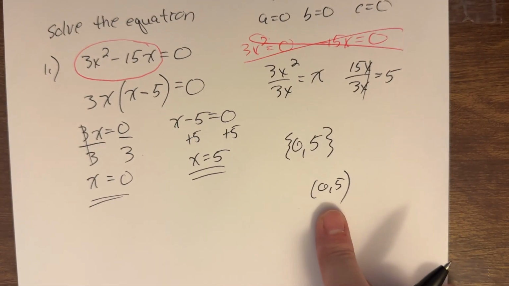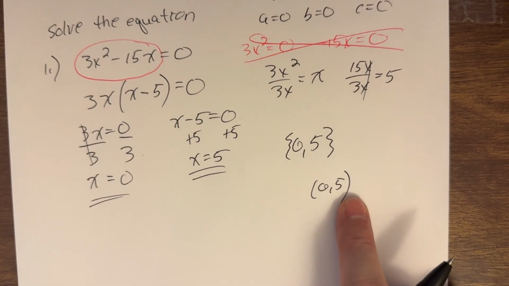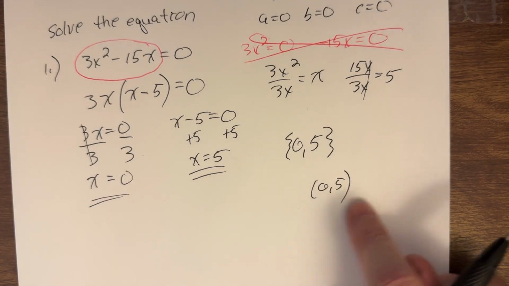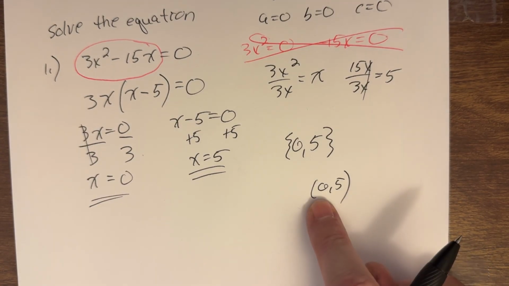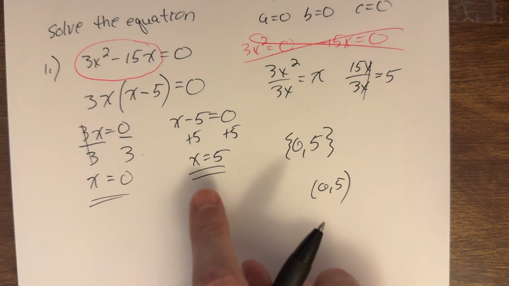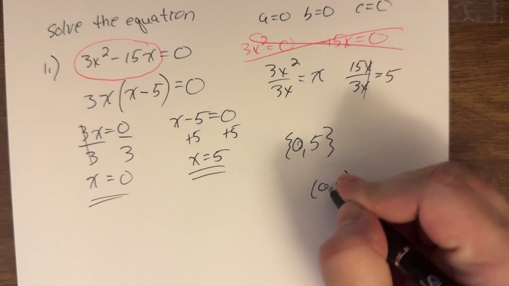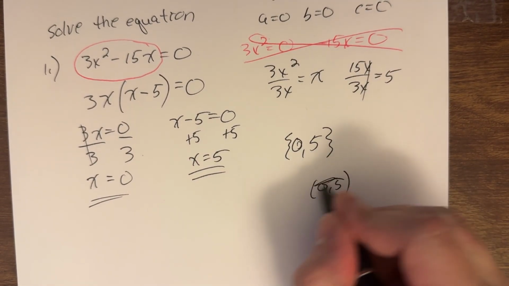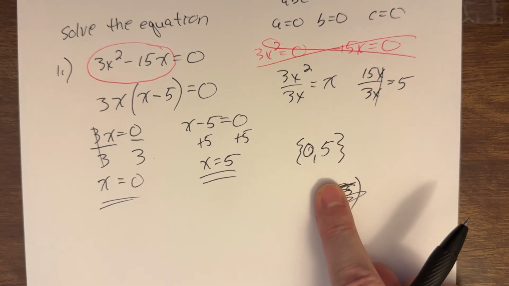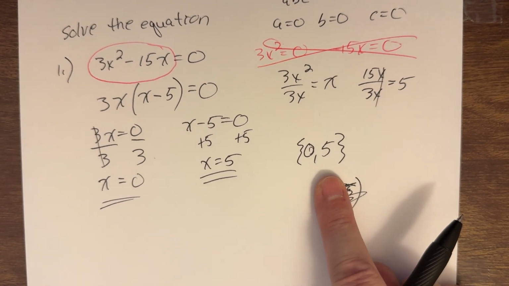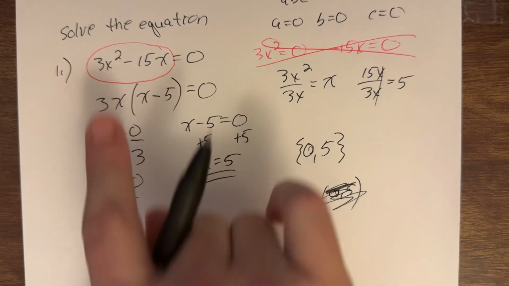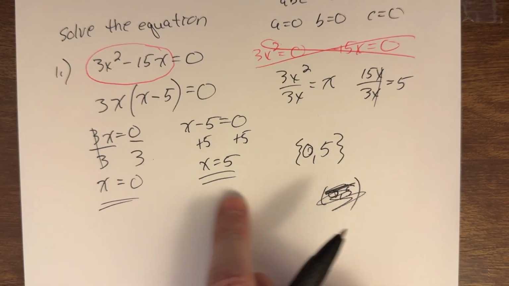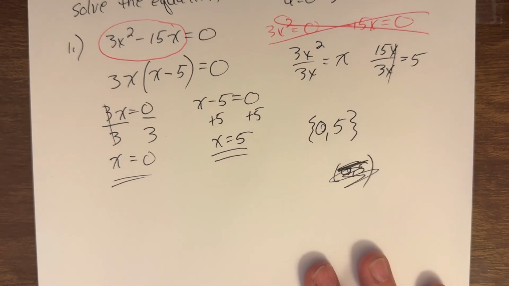People will misunderstand that as the interval 0 to 5 or an xy pair 0, 5, x is 0, y is 5. That's not what we're seeing here. These are two separate solutions. That's the way to do it if you want to use the set notation. But again, folks, I'm perfectly happy just following your work and just seeing multiple answers at the end. That's a-okay with me.